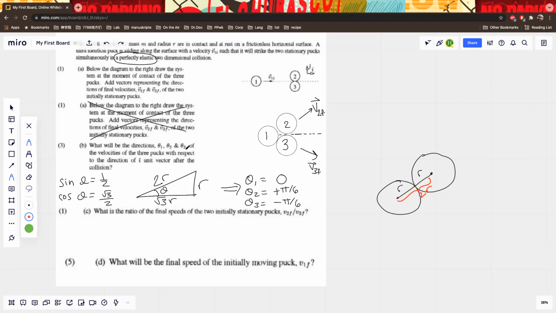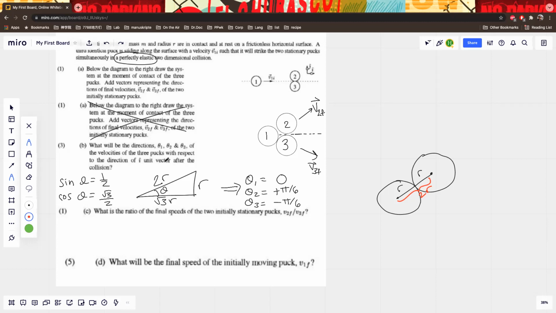So theta 1 would be 0 because it's just going to keep going forward, due to the perfect collision. Yeah, all this makes sense.